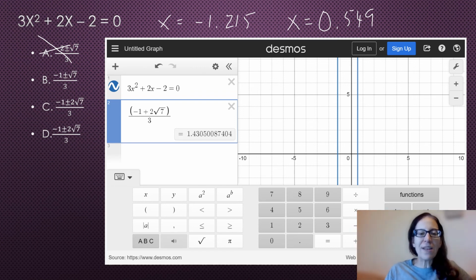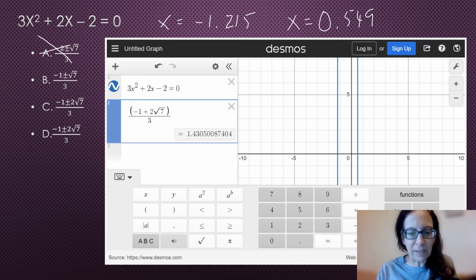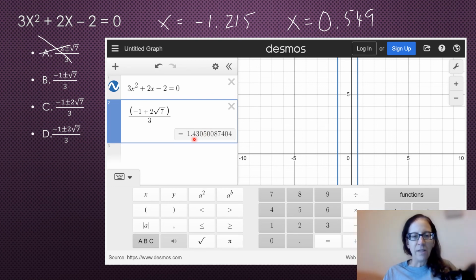All right, so now let's move on to answer choice B. I've eliminated answer choice A, since it gave me something that wasn't there. So let's check out answer choice B. I do need those parentheses. -1, I'm going to go ahead and do the plus sign, the square root of 7, and then divided by 3. And notice what I have here: 0.5485.